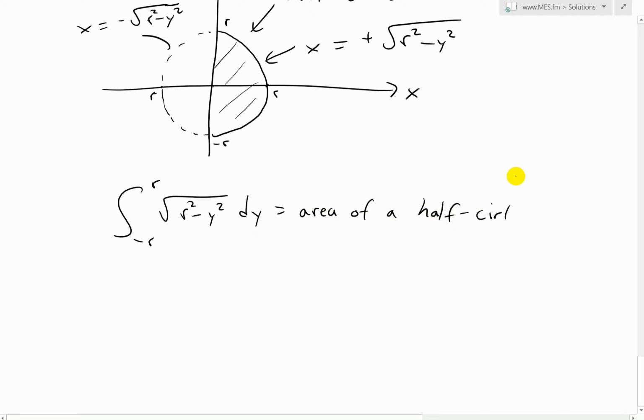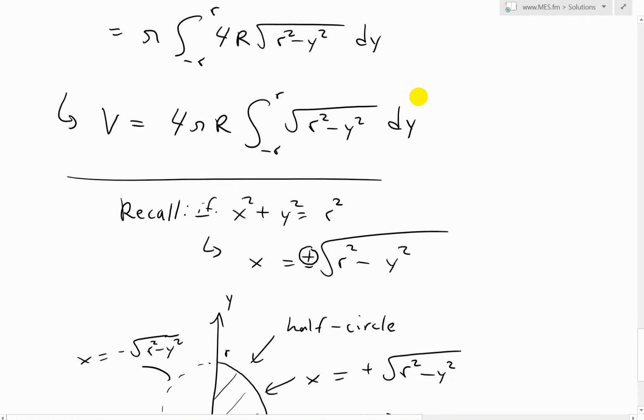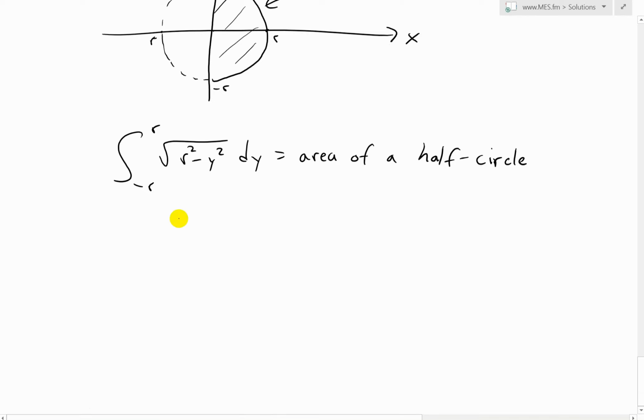Instead of solving it using more complicated techniques, such as possibly trigonometric substitution or some other methods, we could just write this as the area of a half circle, which is pi r squared divided by 2. The area of a full circle is pi r squared, divided by 2 to get that.